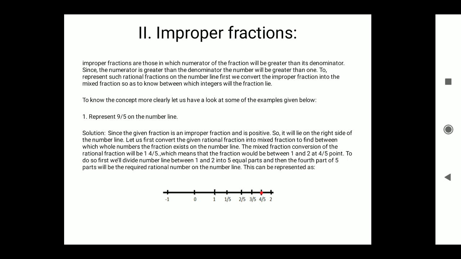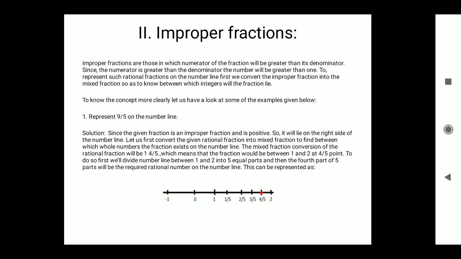Represent 9 upon 5, where the numerator is greater than the denominator, on the number line. The fraction is an improper fraction and it is positive, so it will lie on the right side of the number line. Let us first convert the given rational fraction into a mixed fraction, to know between which whole numbers the fraction exists on the number line.